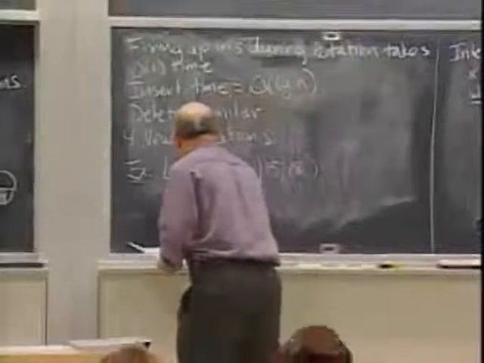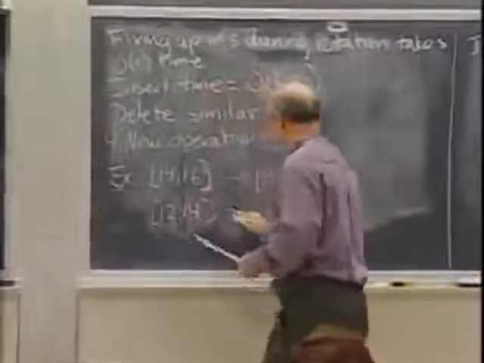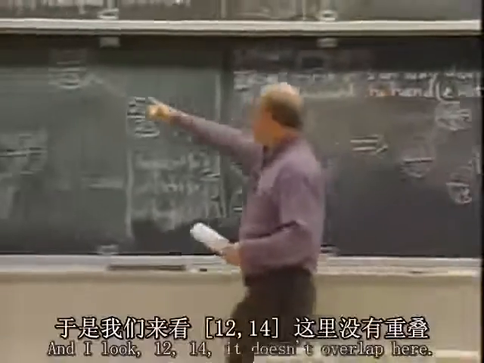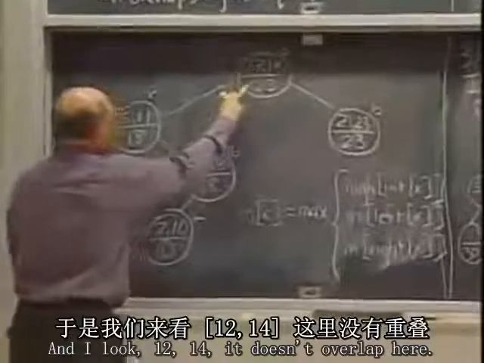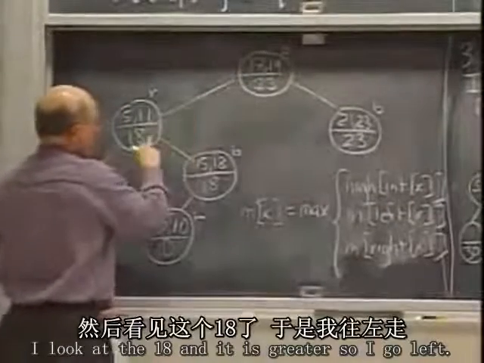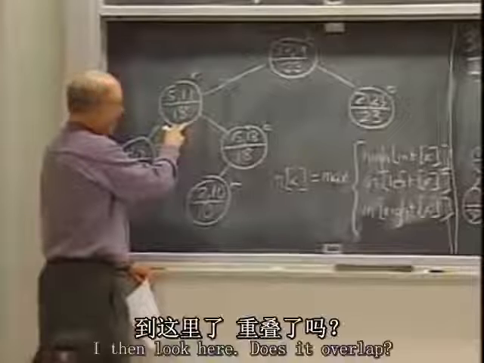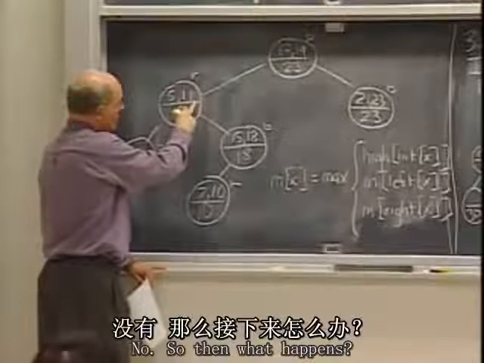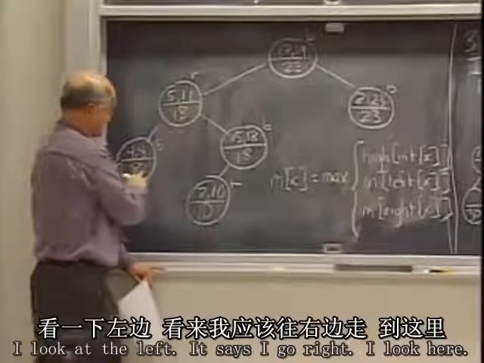If I were searching for 12, 14, I go up to the top and I look. Does it overlap? 12, 14 doesn't overlap here. I look at the 18, and it's greater, so I go left. I then look here. Does it overlap? No. So I look at the left.